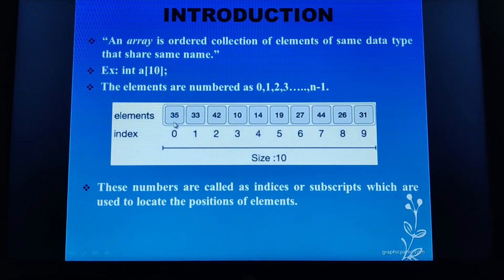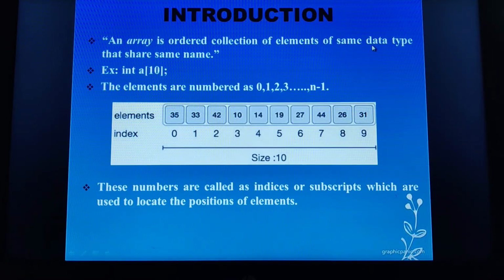Therefore, I can group them under the same name having the same data type. Such a concept we can refer to as an array. So, an array is an ordered collection of elements of the same data type that share the same name.